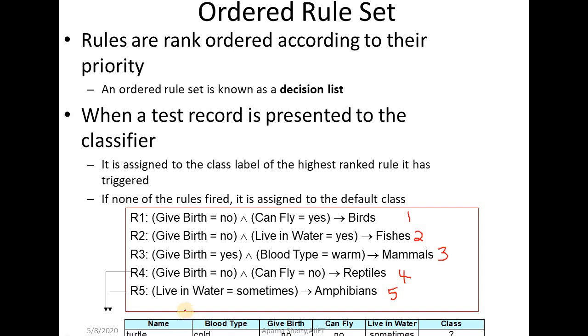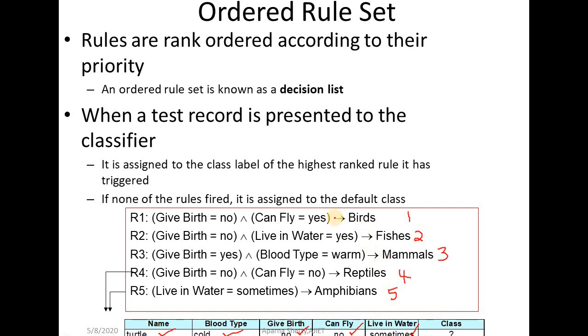Now suppose we have this test record, turtle. Blood type is cold, gives birth no, can fly no, lives in water sometimes. We want to assign the class label for this record.